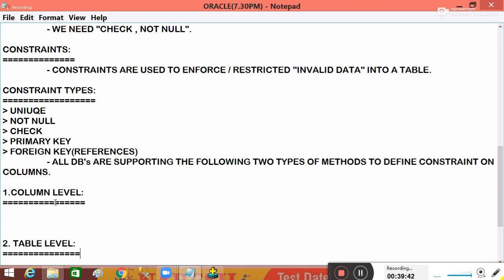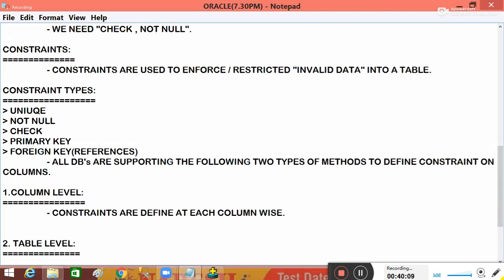Let you see. So column level is called, in this method, constraints are defined at each column wise. So column level means what now?